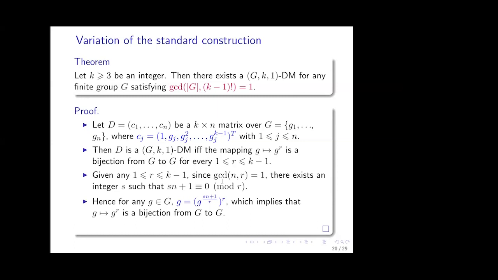And since N and R are co-prime, the congruence equation Sn plus 1 is 0 modulo R has exactly one solution. Hence, for any G in G, G can be written as this one, which implies that G to the power R is a bijection from G to G. So the proof is very, very simple.